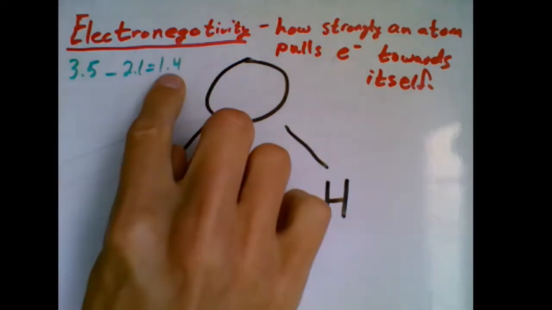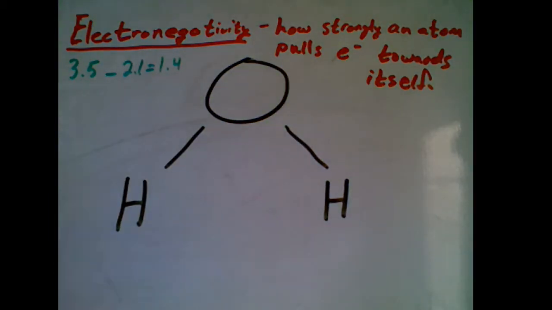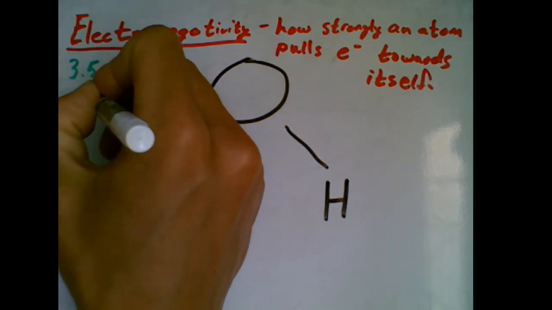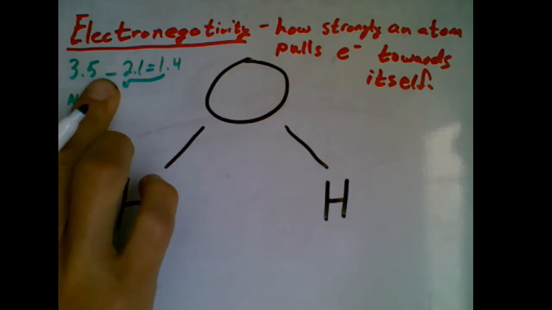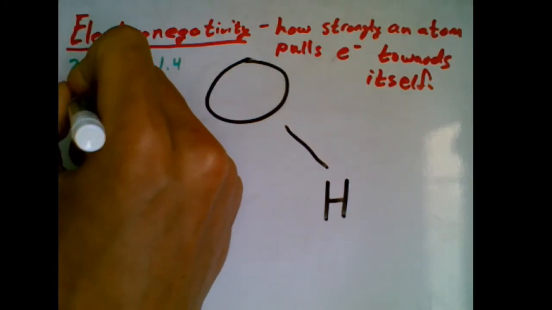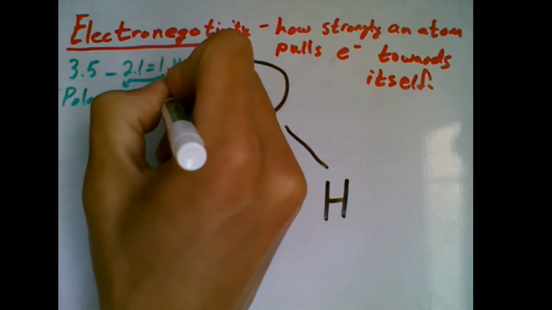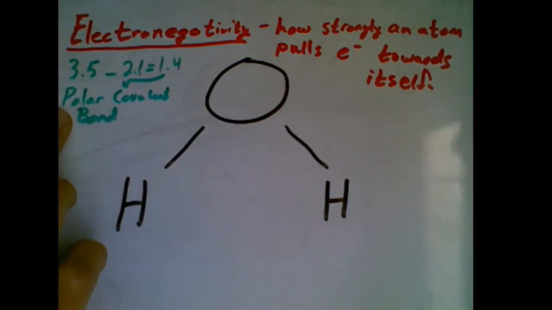That's a pretty high electronegativity difference, and helps us understand that this is what we would call a polar covalent bond, meaning that this bond is not sharing electrons equally.